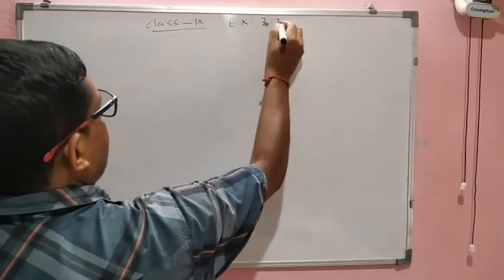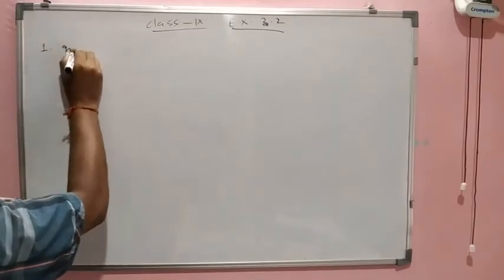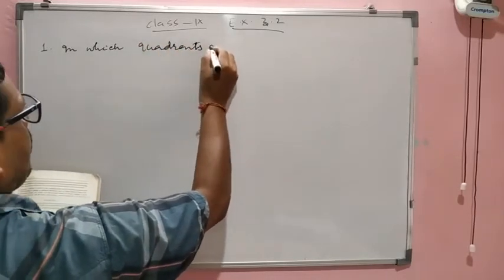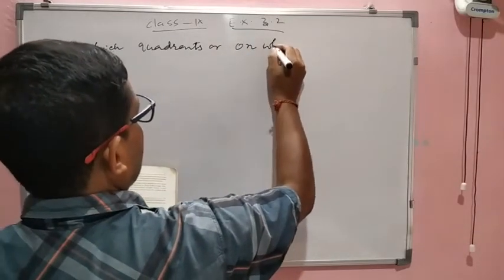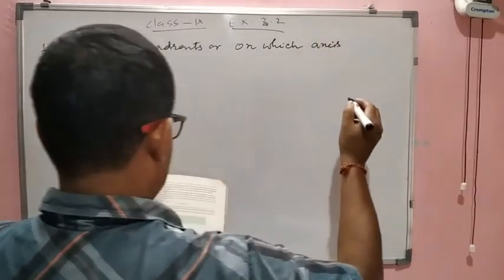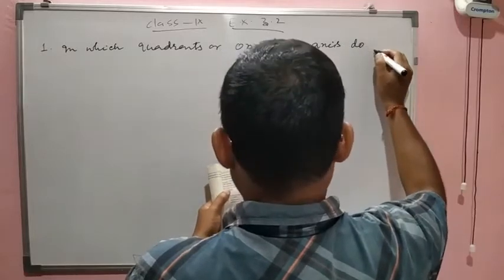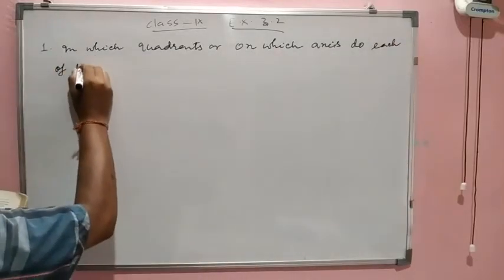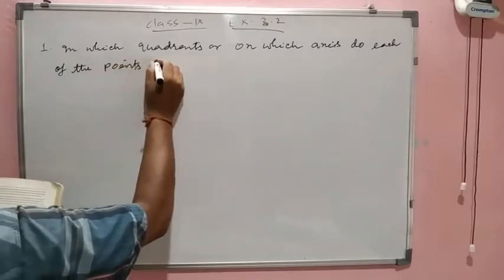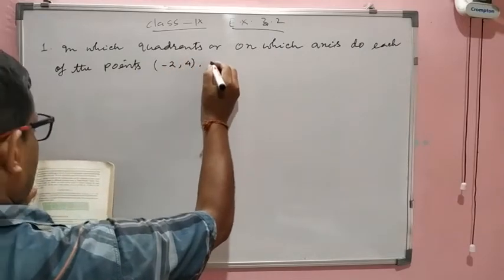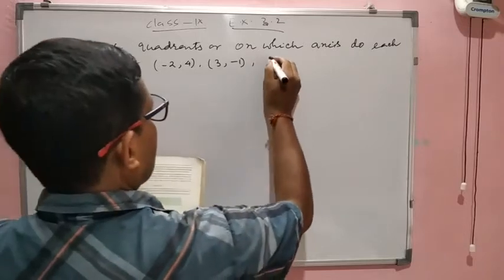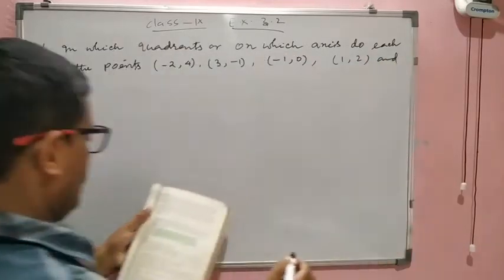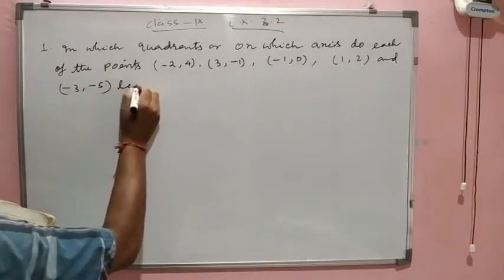Question number 1: in which quadrant or on which axis does each of the points (-2, 4), (3, -1), (-1, 0), (1, 2) and (-3, -5) lie?